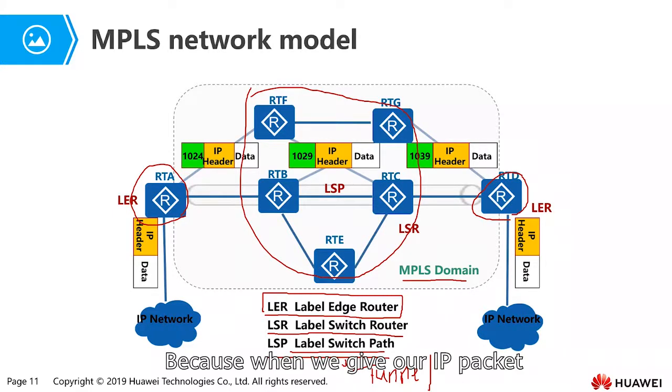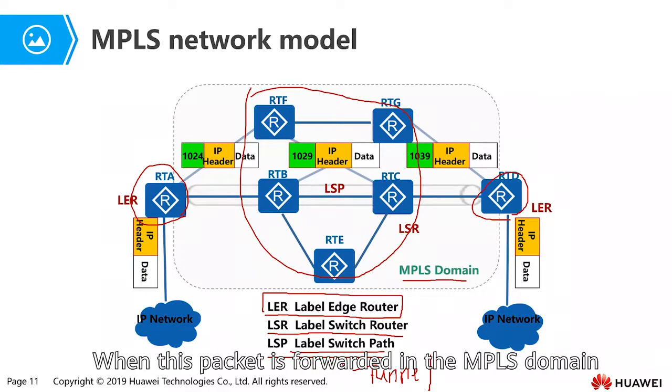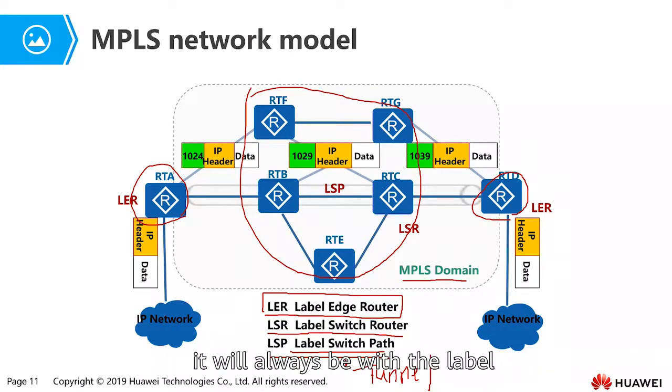Because when we give our IP packet to the MPLS domain, to the LER, the LER will push a label onto this packet. When this packet is forwarded in the MPLS domain, it will always carry the label.